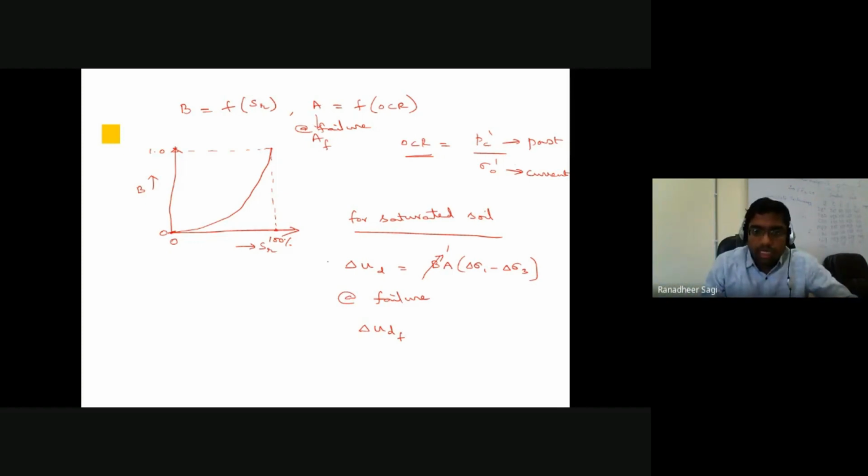So that is what I am writing here, which is equal to A at failure, because B is equal to 1. I am referring to the case of a saturated soil. So this is delta sigma 1 minus delta sigma 3 at the failure of the soil sample. At the failure, how much was the corresponding deviatoric stress applied? Based on that, I can go on to write down what is your parameter A at the failure of the soil sample.